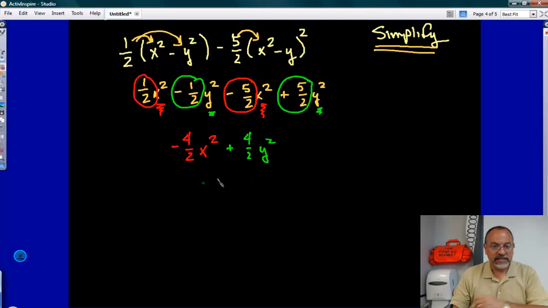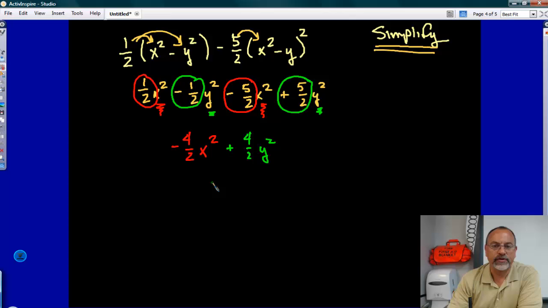Okay, so that's simplified. I can't do anything more. But remember, we talked about there's one last thing that's not really simplifying. It can be, but it's called a matter of convention. And as a matter of convention, or things that we do all the time in mathematics, for our final answer, we never give a fraction that's not simplified or reduced. So I have to do this every single time I have any kind of problem with fractions in it.